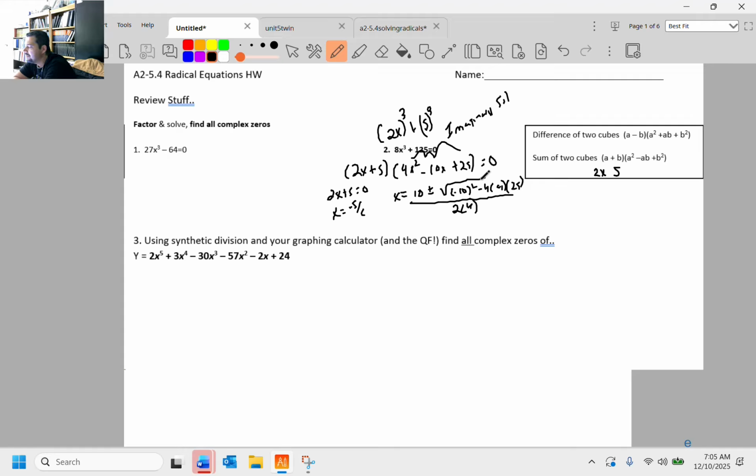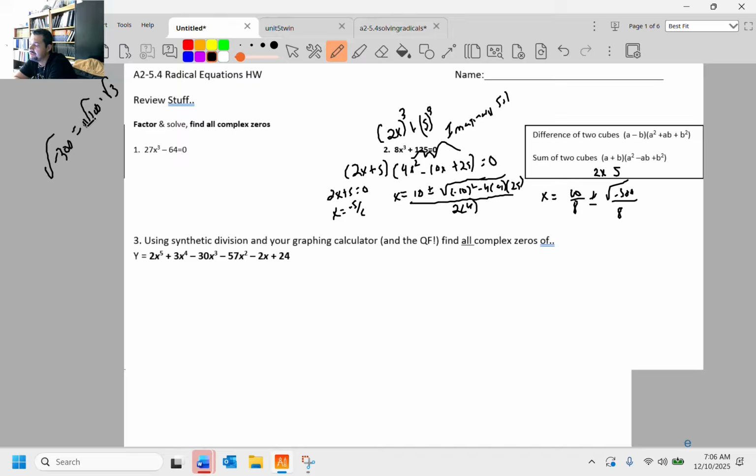All right, so what we have in this radical, 10 squared is 100. 4 times 25 is 100, times 4 is 400. 100 minus 400 is negative 300. So we have x equals 10 over 8, plus or minus the root of negative 300, also over 8. Now, root of negative 300 is going to be the root of 100 times 3.